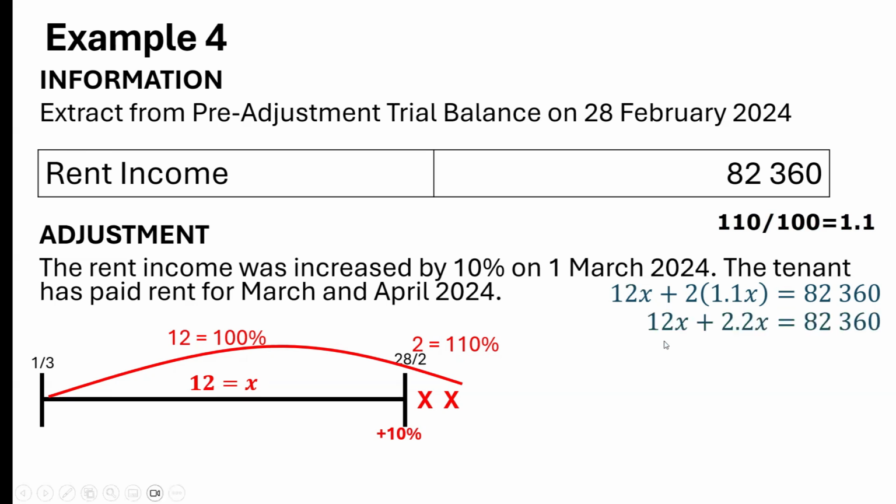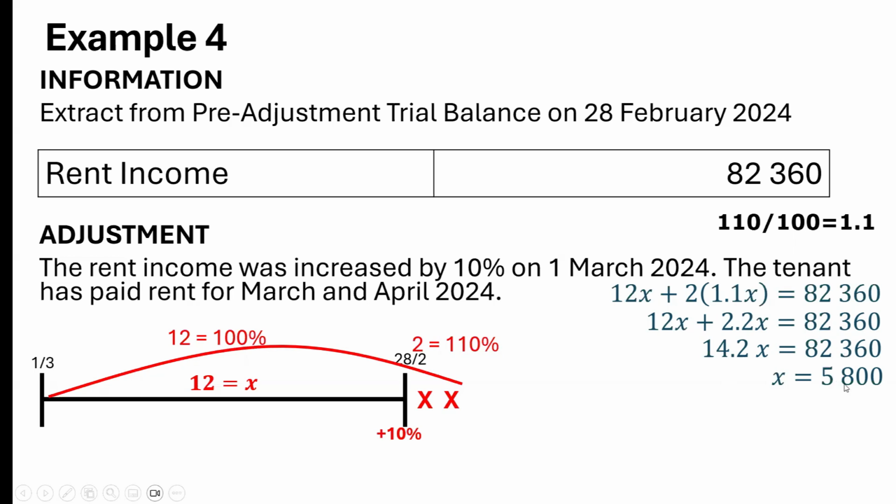So then 12x plus 2 times 1.1 is 2.2x equals 82,360. So 14.2x equals 82,360. Let's get x alone by dividing 82,360 by 14.2.